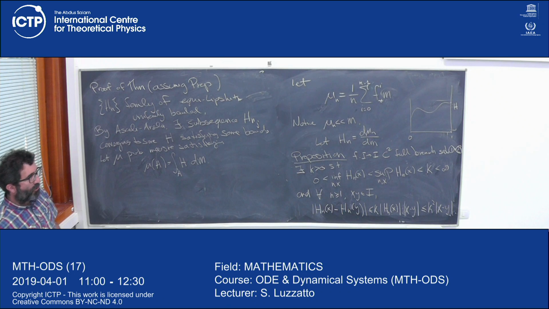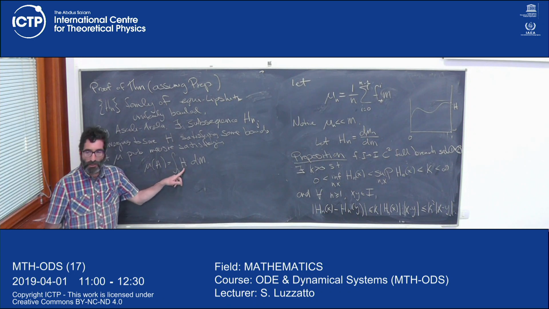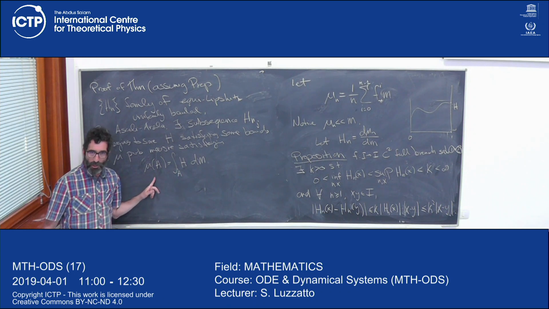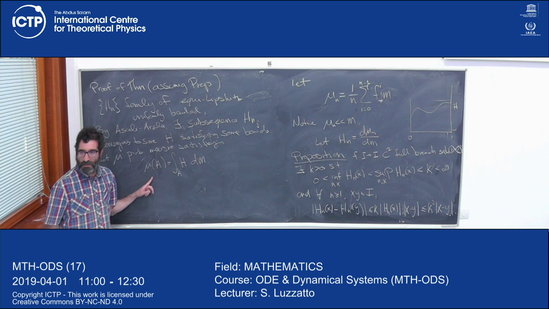So now this measure is, by assumption, absolutely continuous with respect to the Lebesgue measure. We just need to show that it's invariant. We claim that this is the measure we're looking for.